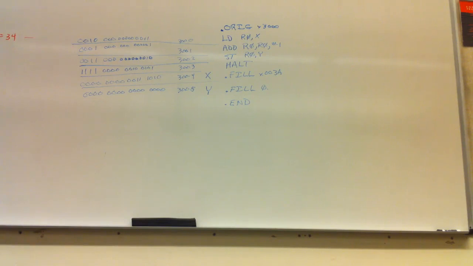Sounds like a voice of experience there. Yeah, if you're out of range, it will tell you. Typically the way to handle that is to use the LEA, the load effective address, and then use an offset from that.